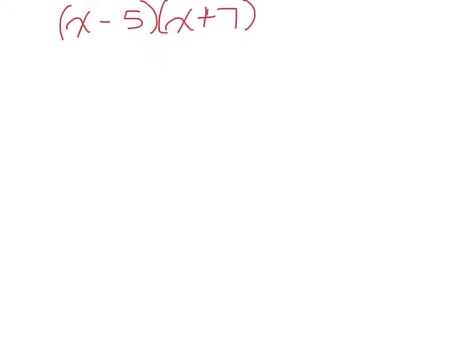Okay, now one thing I want to make abundantly clear about this problem and the problems that we will be doing this whole day is that we know that they are multiplied together because the sets of parentheses are right next to each other. If you remember 2 days ago when we were adding and subtracting polynomials, you would sometimes have a setup like this where you would have the end of one parenthesis, a plus or minus sign, and then the start of another parenthesis.